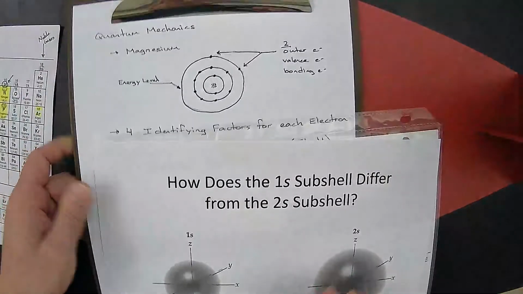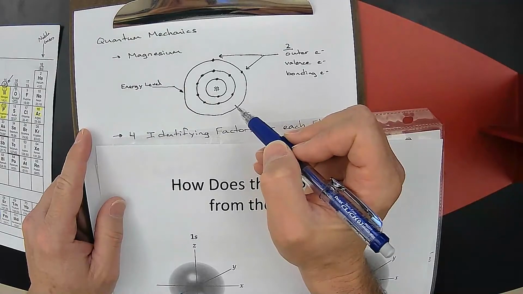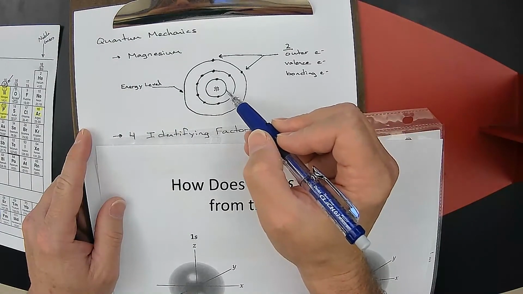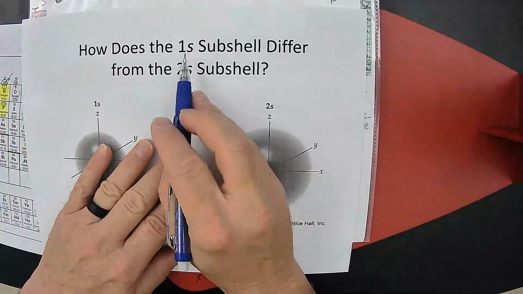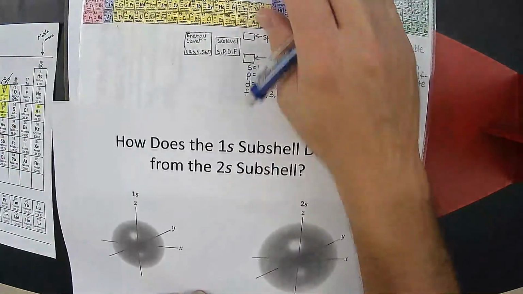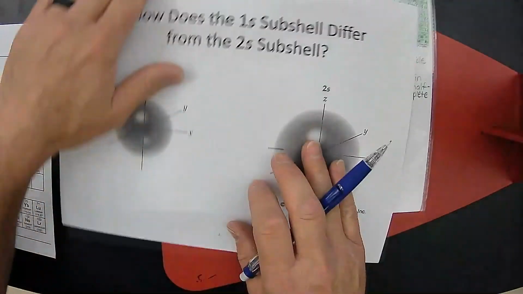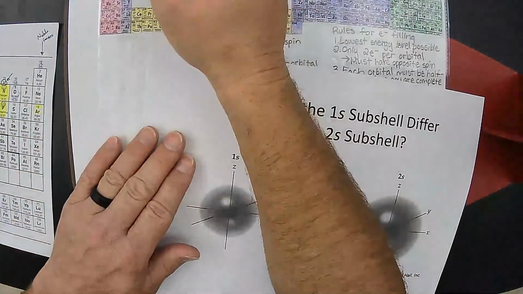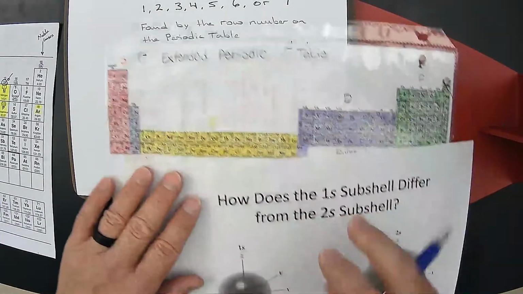Someone's going to say, well, wait a minute, Mr. Hodges, you just said earlier that they may not be flying around in spherical shapes. And that's true. Not all of them are, but if you are in an S subshell, notice there are 4 subshells, S, P, D, or F. If you're in an S subshell, you are electrons that are flying around in a spherical shape.